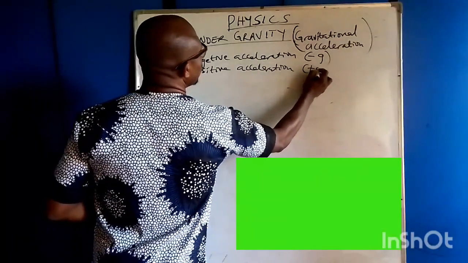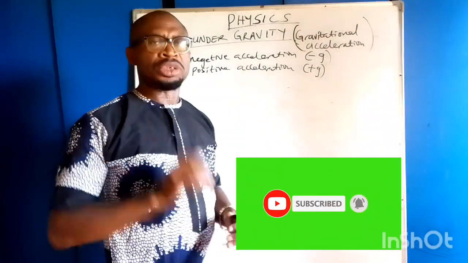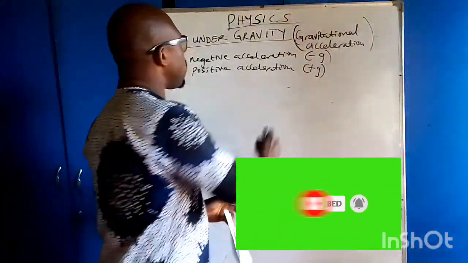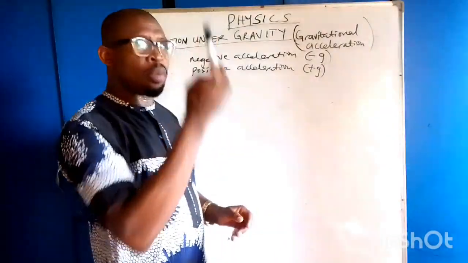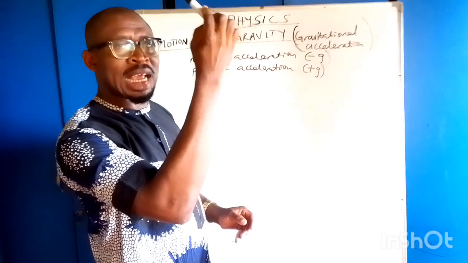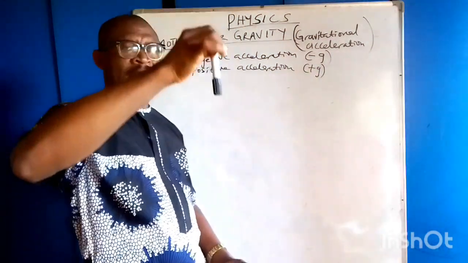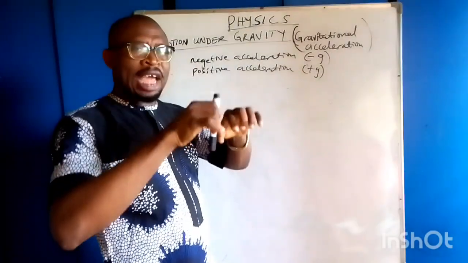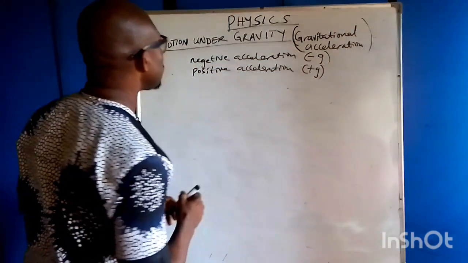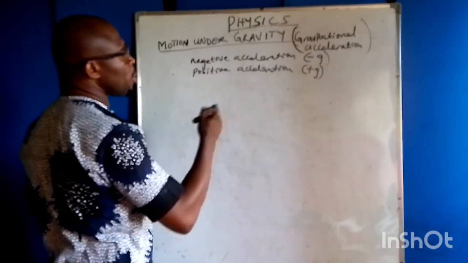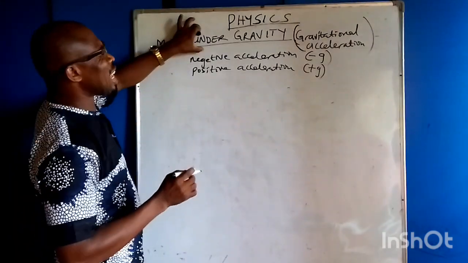So, in other words, acceleration due to gravity is positive g. That is why when an object is thrown up, the motion is against gravity and has a negative sign. If it is released from a height, it is in line with gravitational force. Because of that, we have g to be positive.